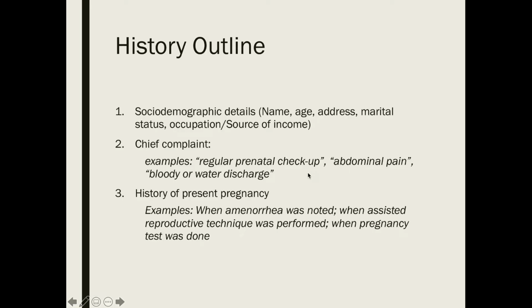However, some pregnant women may come to the clinic complaining of abdominal pain or pelvic pain or a bloody or watery discharge. For the history of present pregnancy, we include here when amenorrhea was noted, when assisted reproductive technique was performed, if ever ART was performed, or when the pregnancy test was done.